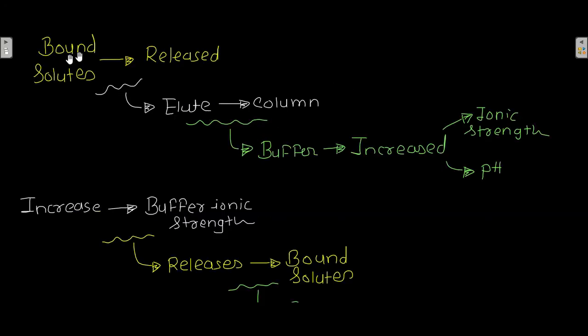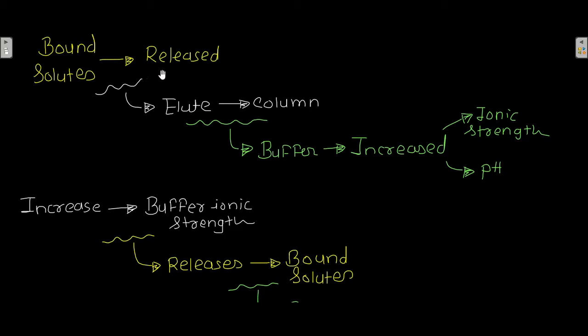Now the solutes which are bound to the stationary phase can be released by eluting the column with a buffer which has increased ionic strength or increased pH. So the molecules have bound to the stationary phase, and now you have to release them.